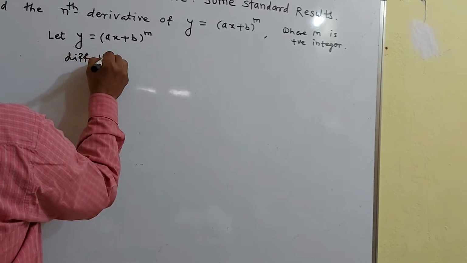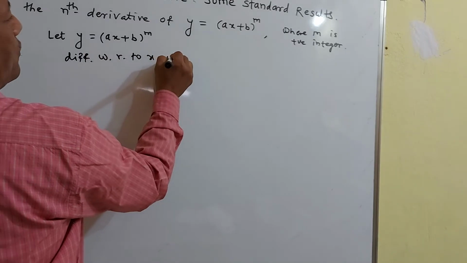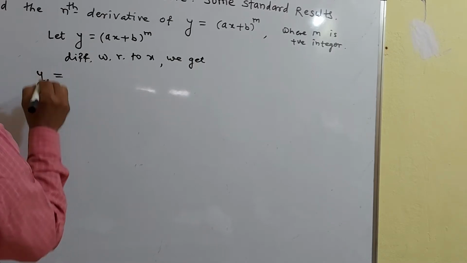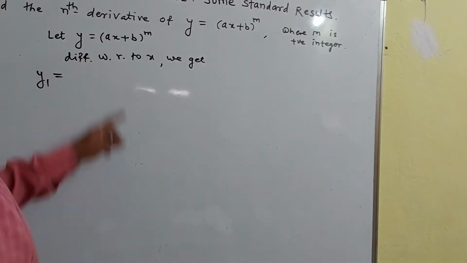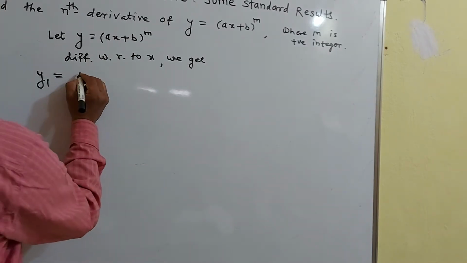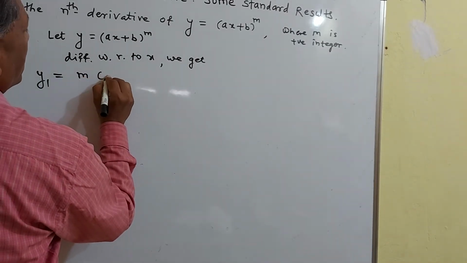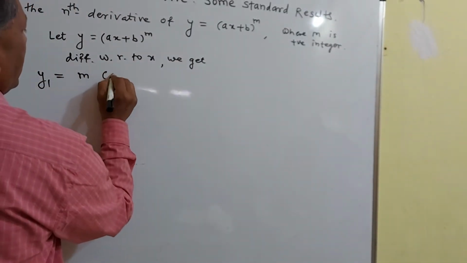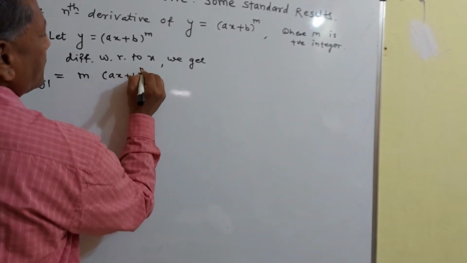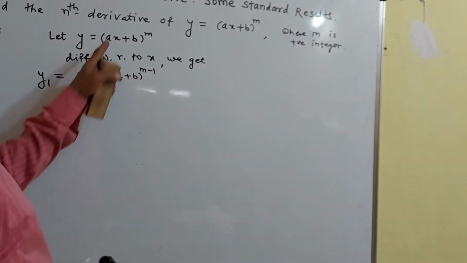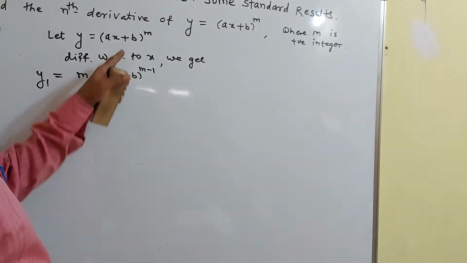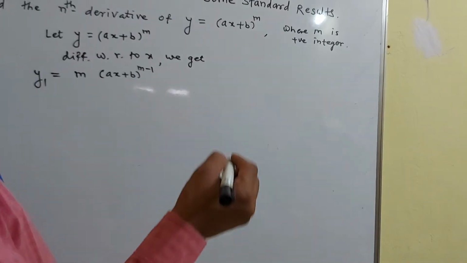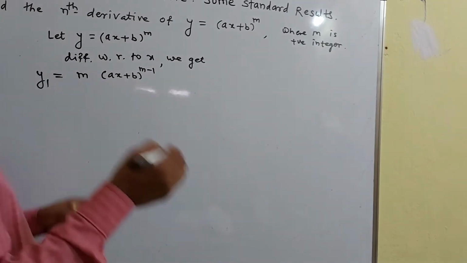Differentiating with respect to x, we get the first derivative, y1 is equal to m into (ax plus b) raised to m minus 1 into the derivative of ax plus b with respect to x. b is constant, its derivative with respect to x is 0, and the derivative of ax is a, because the derivative of x with respect to x is 1.